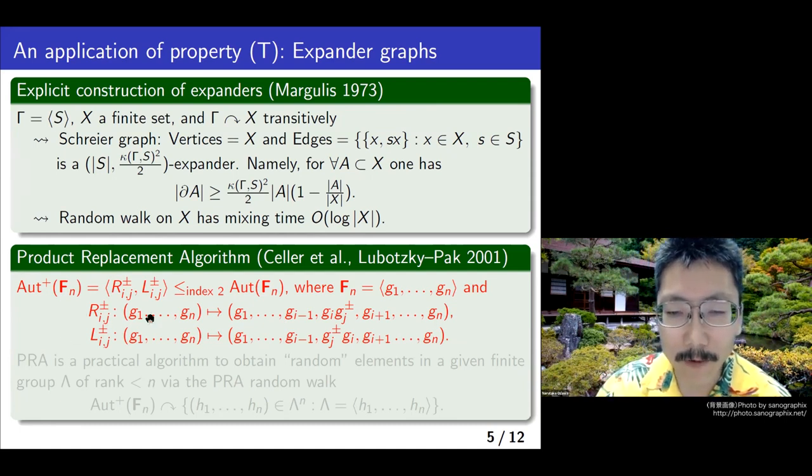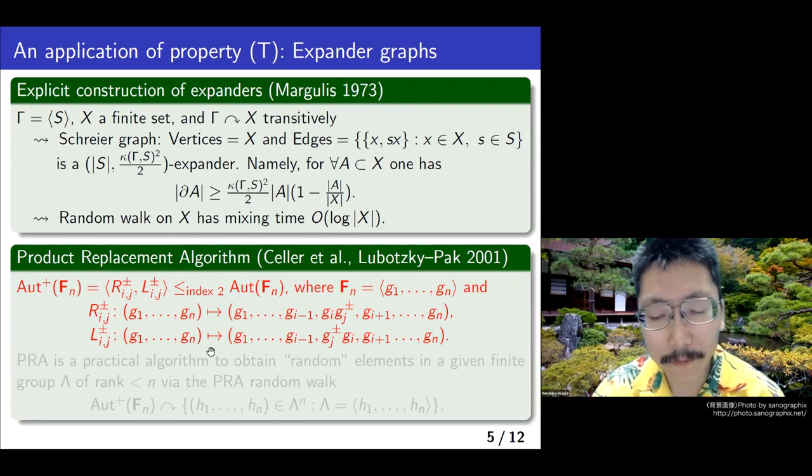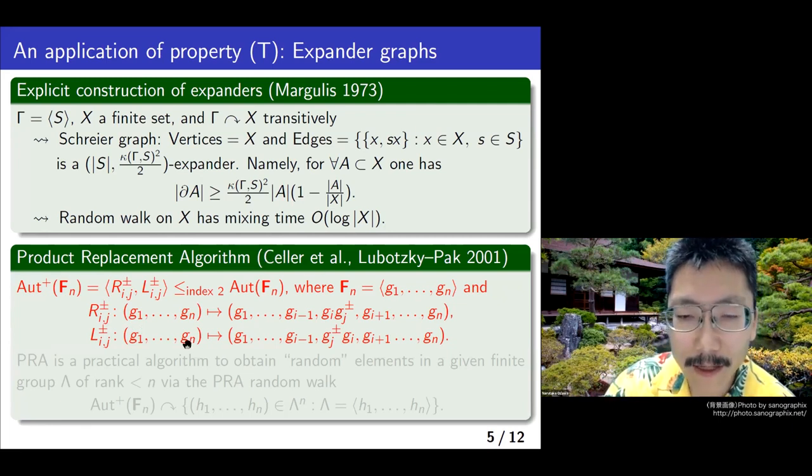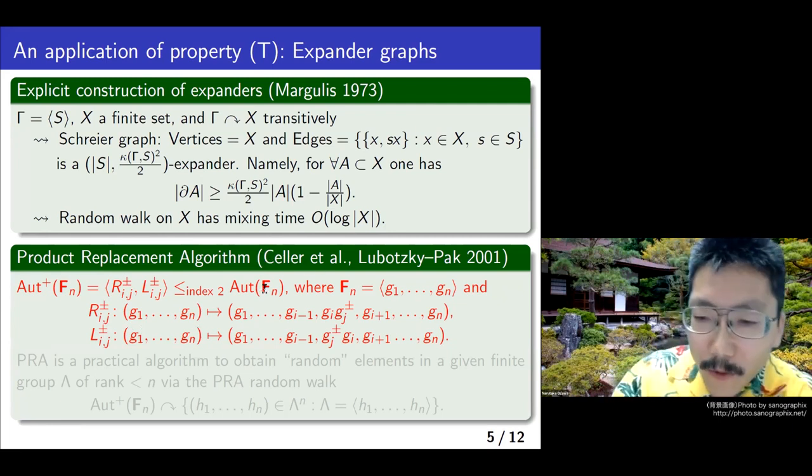The right transvection changes the free basis to the following free basis: only the i-th entry is multiplied by g_j from the right, and the left transvection multiplies by g_j from the left. The product replacement algorithm, invented by Celler, Leedham-Green, Murray, Niemeyer and O'Brien, is known to work very efficiently.